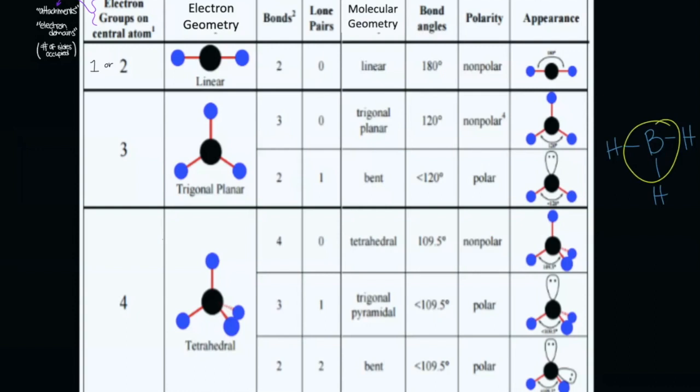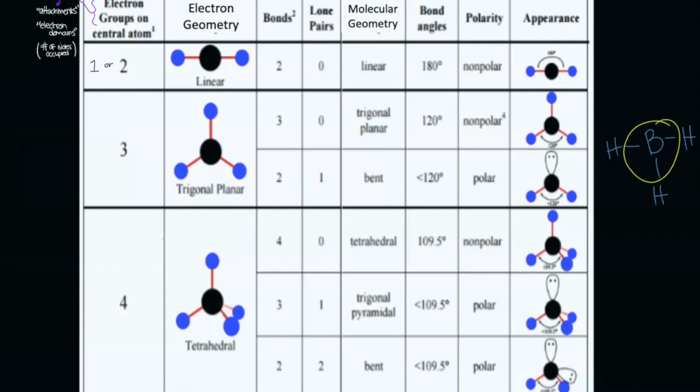All of them are in bonds, so I can see all of those attachments there. They're all bonds to different atoms. So then it's a trigonal planar shape. Imagine a fidget spinner, all on one plane, 3 attachments. And so the shape that your electron groups take is the same shape that you actually see in your molecule.